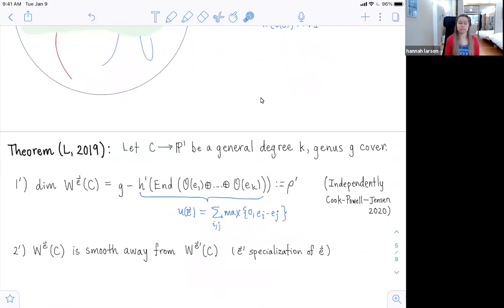Part 2 is that W^e is smooth away from the splitting loci contained within it for more special splitting types.